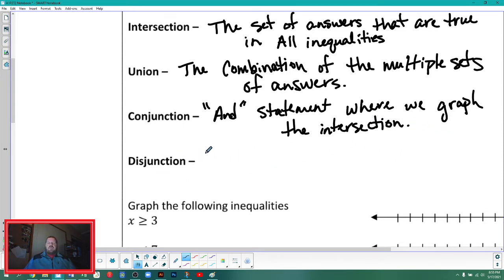And a disjunction is an or statement, where we graph the union.